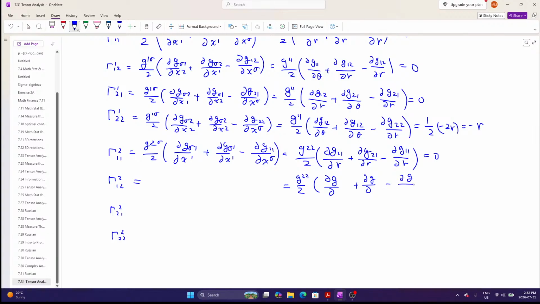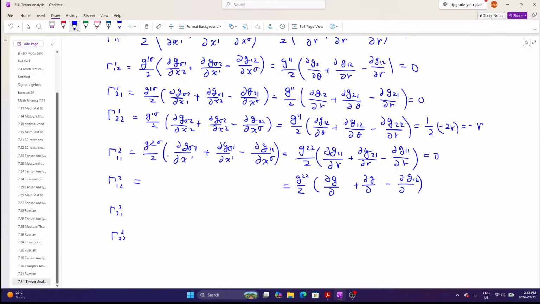According to the pattern we've seen earlier, the last g should have the subscript of the subscript in big gamma. So the last one will have g12 here. And which coordinate? Is it x1 or x2?